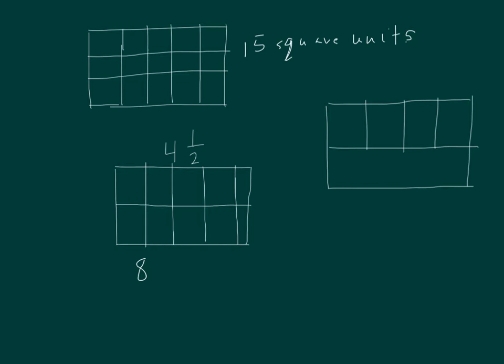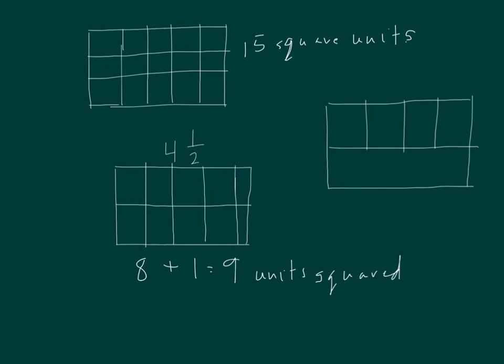If we have 2 halves of a cookie, we have a whole cookie. So half a square and a half a square equals a whole square. If we added that whole square to the 8 squares, we would get 9. And so the area of this rectangle would be 9 units squared. And remember, we can say units squared, we could say square units, or we could use the small exponent 2. They would all be the same thing.